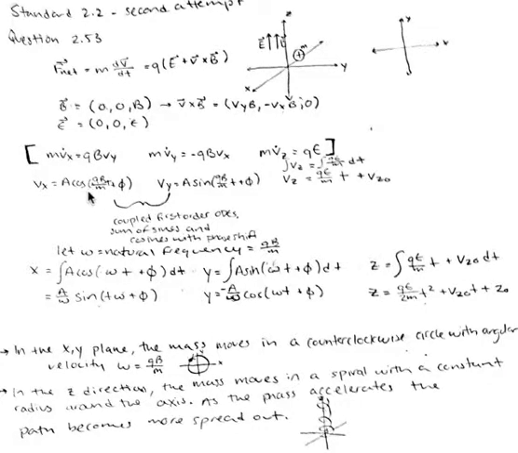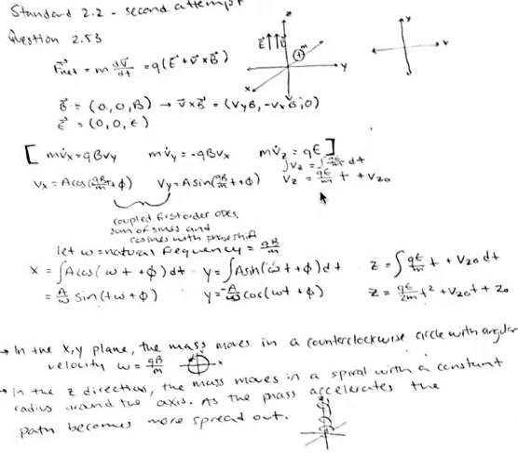So Vx is a cosine plus a phase shift, and Vy is a sine plus a phase shift, where the phase shift will depend on the initial conditions. And then for Vz, you're just going to take the integral with respect to t and get qE over m times t plus Vz naught.